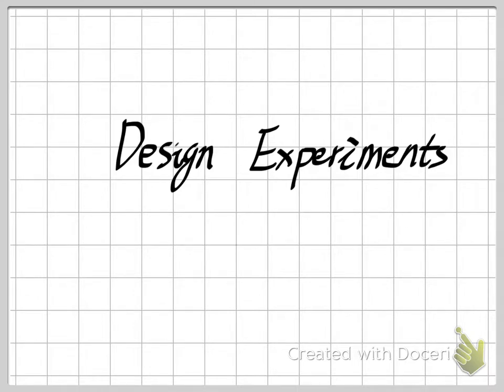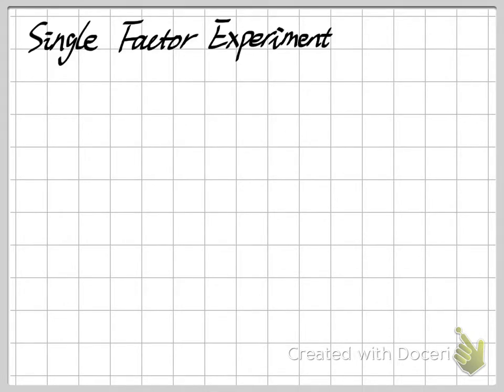So first of all, let us look at one simple situation. This is the single factor experiment. In this situation we only want to test one factor or response at different levels.